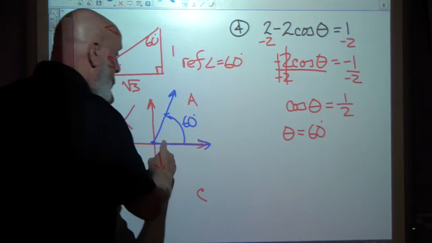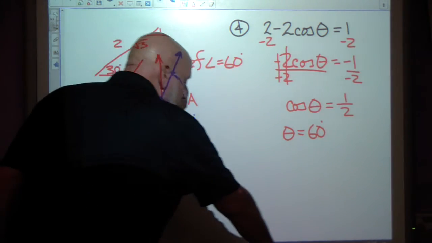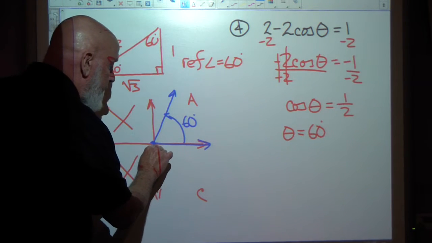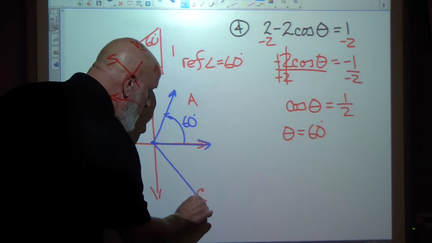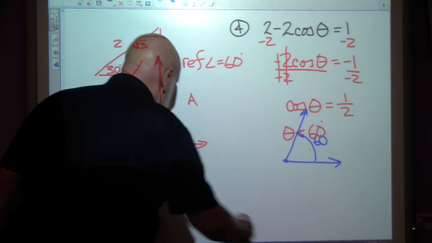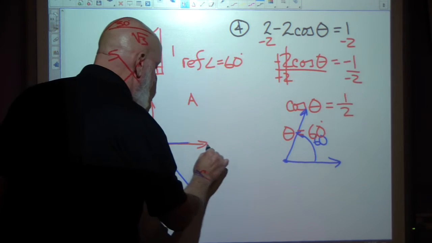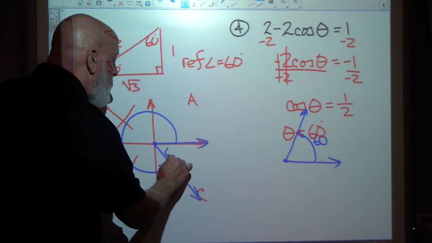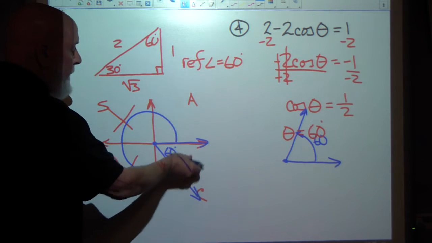The other one, within one rotation, will stop in quadrant 4, with a reference angle of 60 degrees. We can get down to this, I guess. Might make it easier to see. And we're going to rotate in this direction, stop 60 degrees shy of a full rotation.